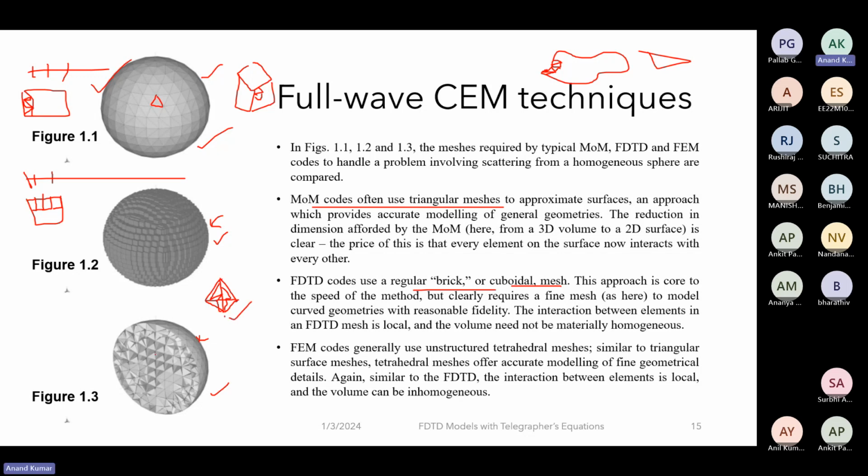This is how we discretize in FEM codes. And these can model irregular shapes or curves more accurately. So FDTD has a disadvantage, but we have found different ways to tackle this. But since we won't be dealing with 3D structures in this course, we won't be bothering with them.